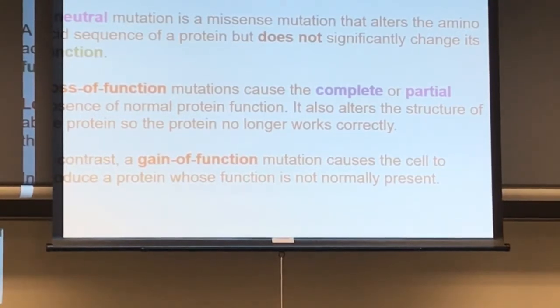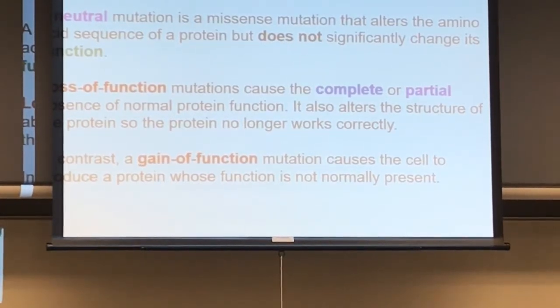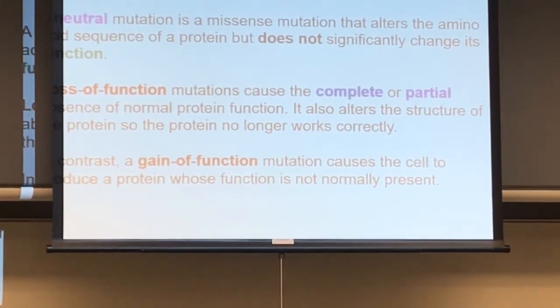All of a sudden, the cell probably assumes a different fate, just because you have one mutation which activated a gene that now is activating another gene. Such a mutation is referred to as gain of function. This gain of function causes the cell to produce a protein whose function is not normally present. So such a mutation is referred to as gain of function mutations.